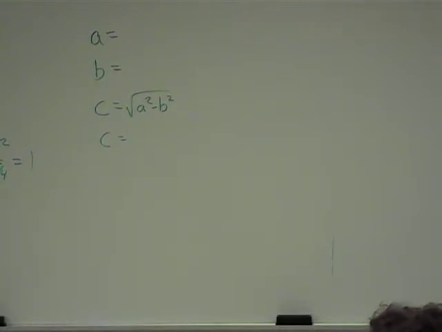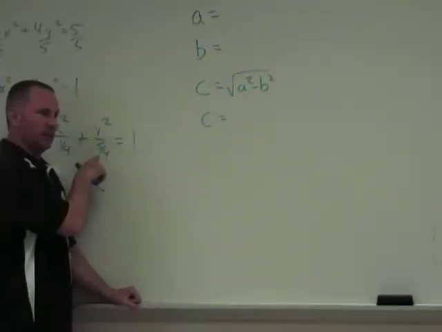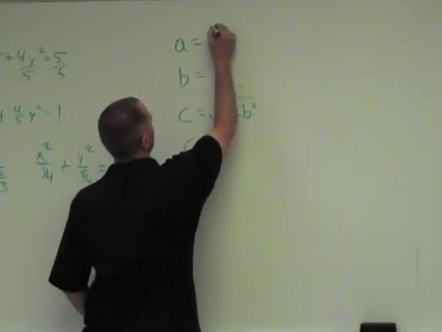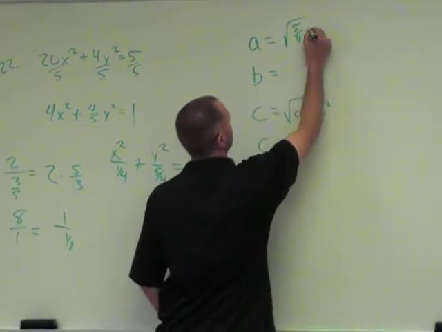What's A squared? 5/4. It's already squared. And that's the typical error that students make. So when we start doing this backwards, don't put the A under the y squared or the x squared. Make sure you square it first. So A squared is 5/4, so I got to take the square root of that. What do I get?